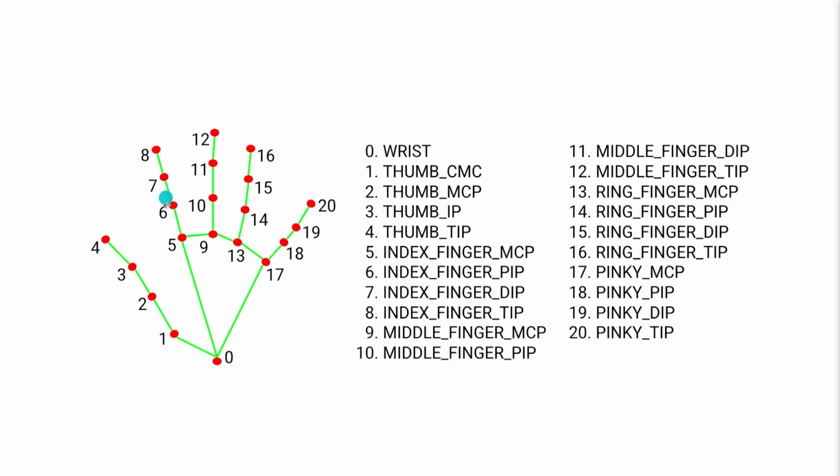This is our index finger, and for the index fingertip, it assigns landmark number 8, and for the index finger joint, it assigns landmark number 5. This is how it assigns all the landmark numbers for our joints, such as 0 wrist, 1 thumb CMC, 2 thumb MCP, 3 thumb IP, and 4 thumb tip. This is how it reads all the joints.